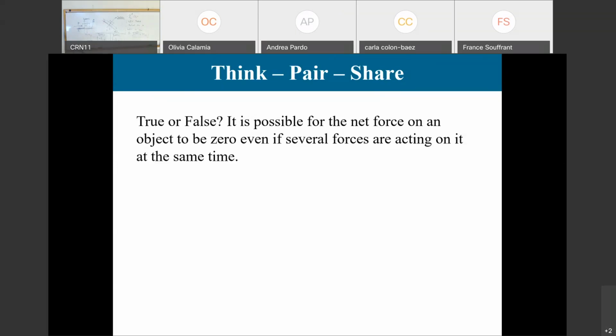That the net force on an object is 0, even though several forces are acting on it. Anybody? False. It's true. Look at the board. Let me show you what I did on the board. Where is it?